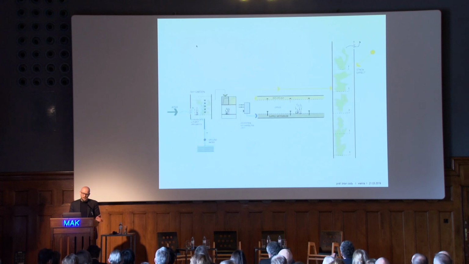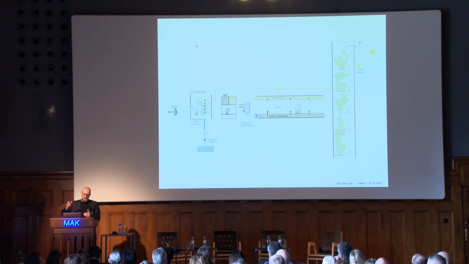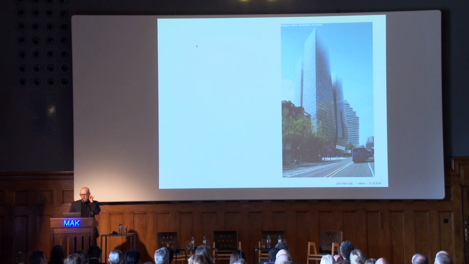Symbiotic relationships, for example, is about nature, technology, people bringing them together in a way in which they benefit from each other. So here, a skyscraper designed for Seoul, the warm, moist air coming in on the left-hand side. It's cooled by groundwater, the condensed moisture flows to the vegetation, the cool, dry air flows to the people in the offices behind. So bringing nature into buildings in a way which is symbiotic.